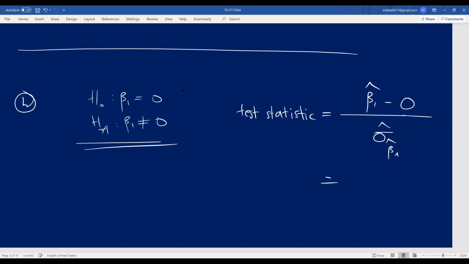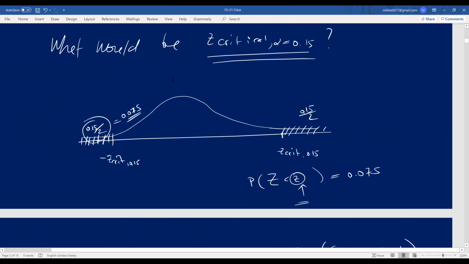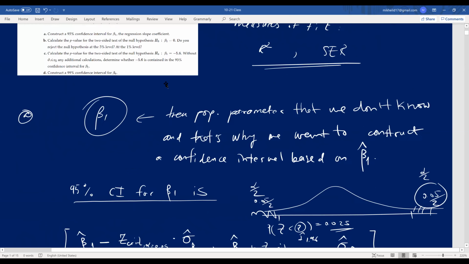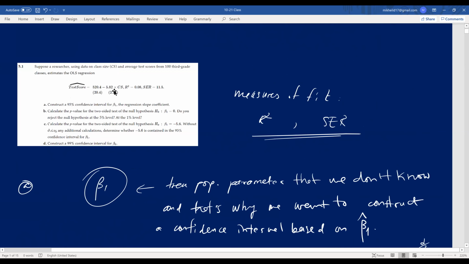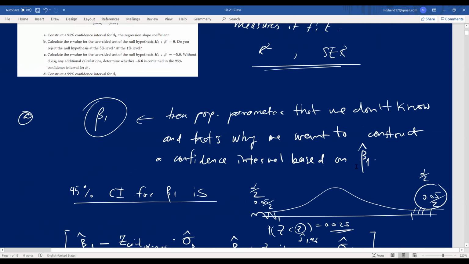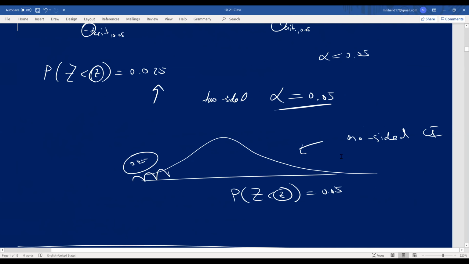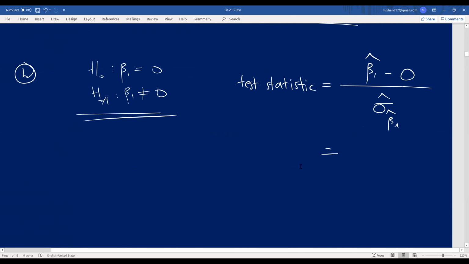Do we have all these numbers? Yes, we do, because we know that beta 1 hat is minus 5.82, and this estimated standard deviation sigma hat of beta 1 hat is 2.21. So therefore, we can calculate this.